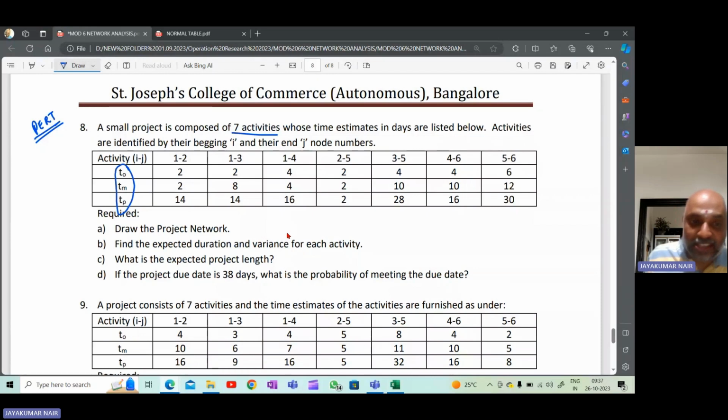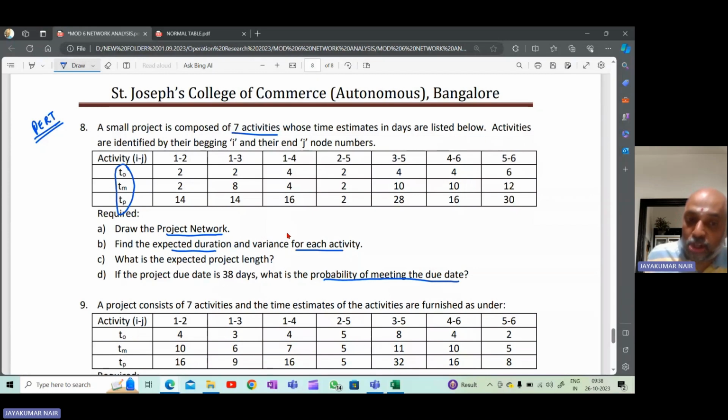You are asked to draw the project network and then calculate the expected duration and the variance for each activity. What is the expected project length? And if the project due date is 38 days, what is the probability of meeting the due date?